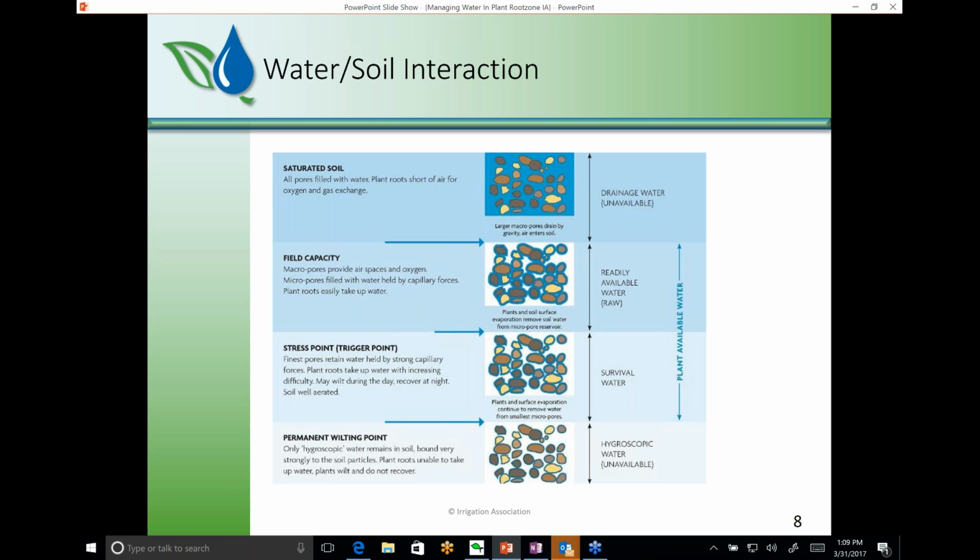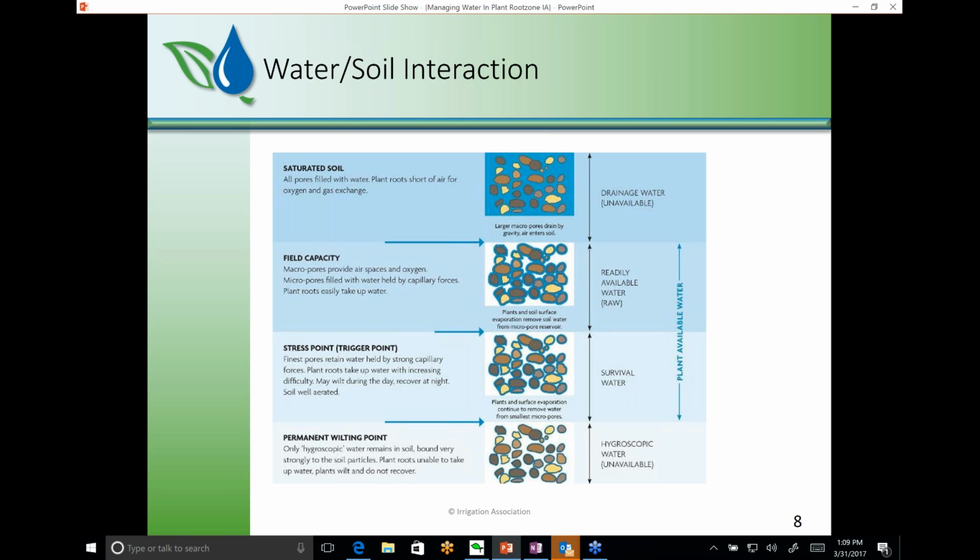As the plant starts to utilize water and water is lost to evapotranspiration, the finest pores retain water held by strong capillary forces, and plant roots take up water with increasing difficulty. When we get to this point, this is called the stress point. What you may find if you hit the stress point is that you'll see wilt during the day and recovery at night.